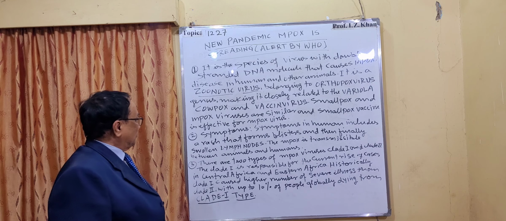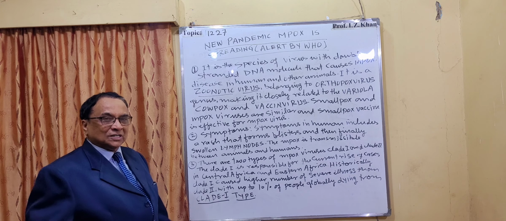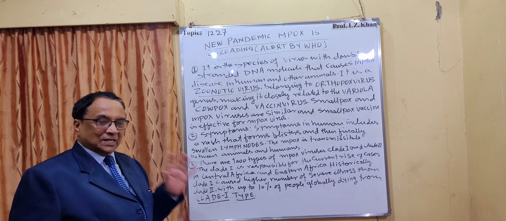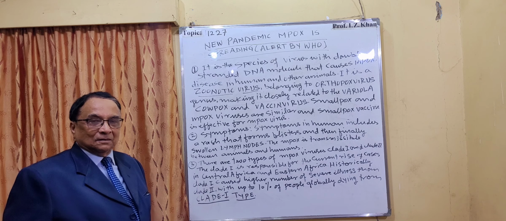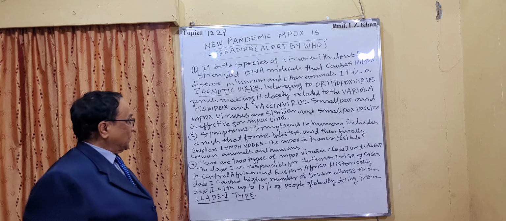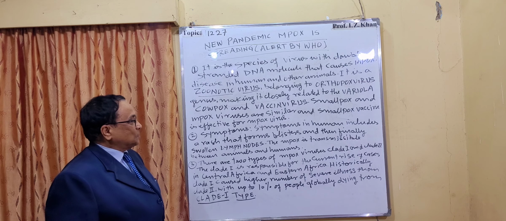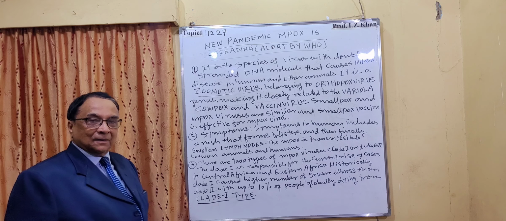Blisters, and then finally swollen lymph nodes. The lymph node is a police. So once your lymph node is swollen or affected, it is a clear bad signal that something serious has happened. Mpox is transmissible between animals and humans.